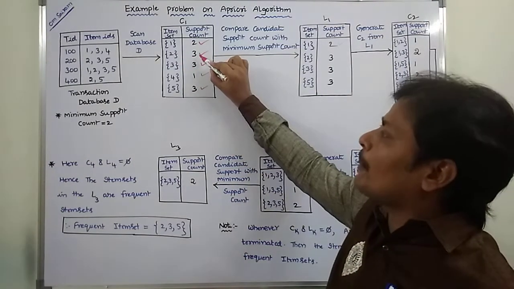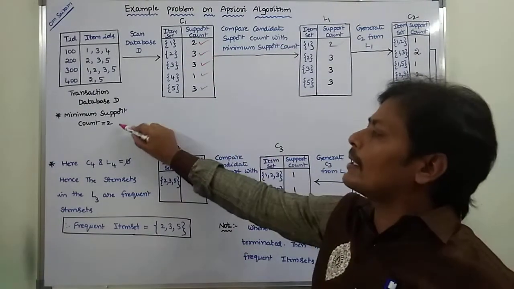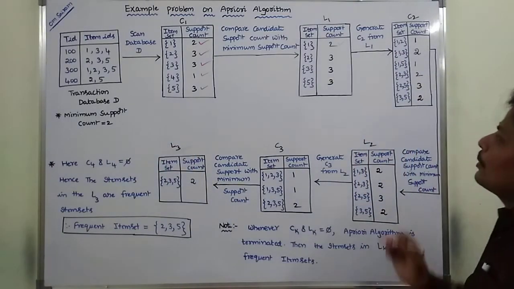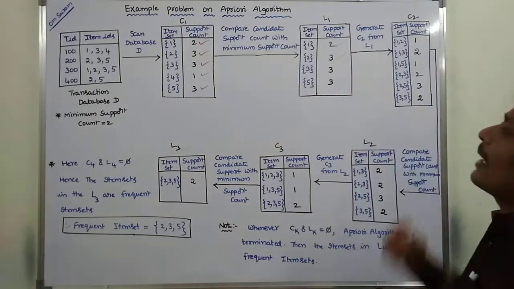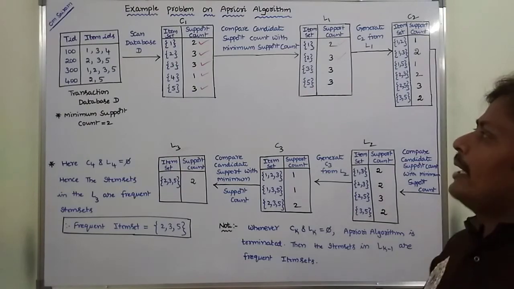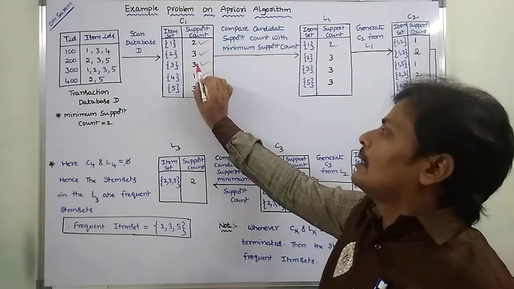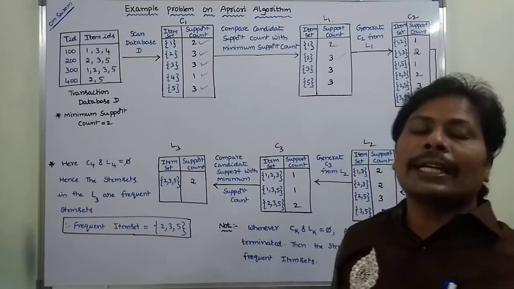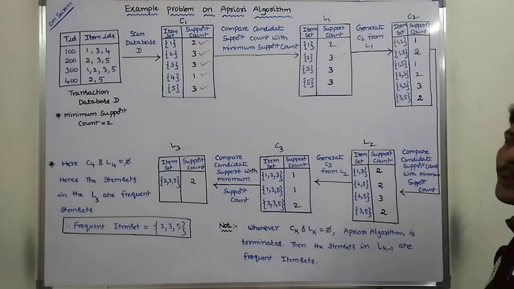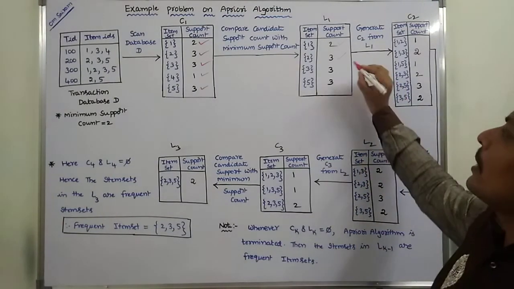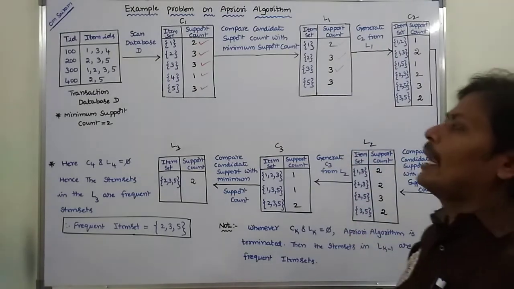Item set 2 has support count 3, condition true. Item set 3 has support count 3, so condition true and it exists in L1.